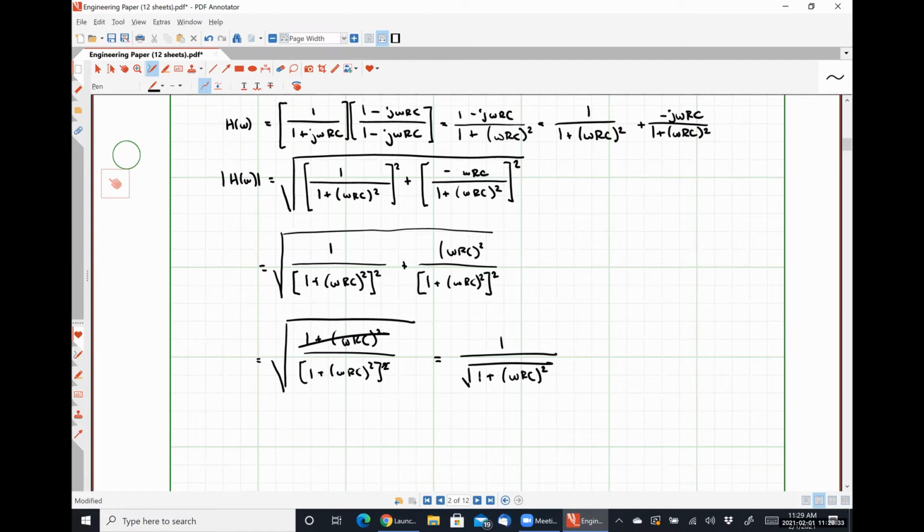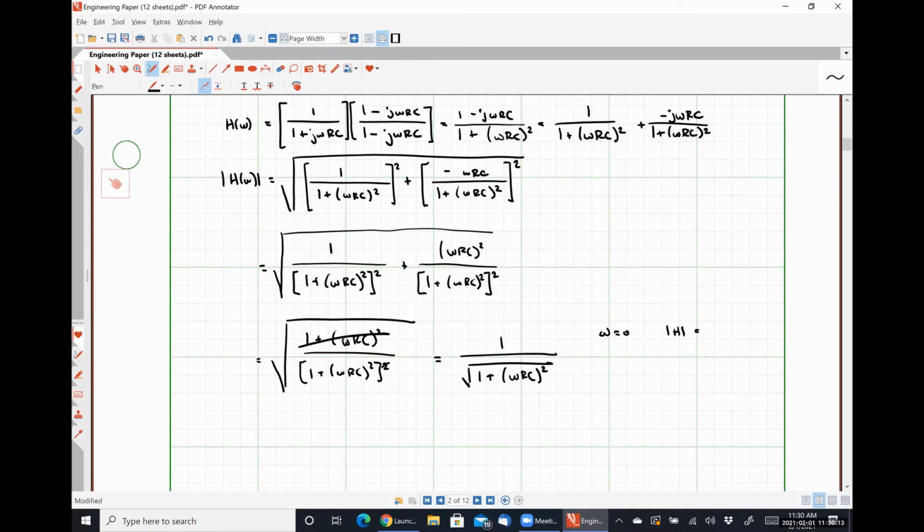So this is what my frequency response is. Okay? The magnitude of my transfer function. So how can we determine what type of filter this is? Well, when omega is equal to 0, what value will our frequency response have? 1, right?